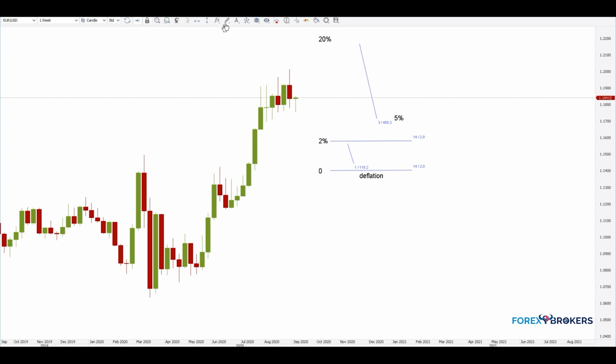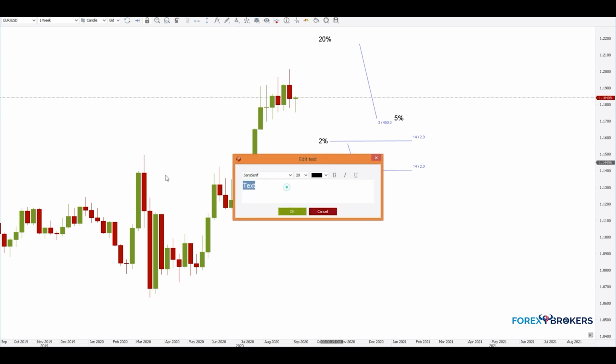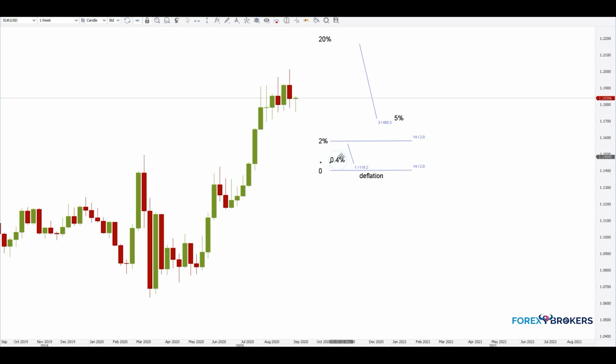So is the case with the ECB today, in the sense that the core inflation in the euro area is at a record low, 0.4%. Now 0.4% is far away from the ECB target of 2%. The ECB's price stability mandate calls for keeping inflation, or bringing inflation, below but close to 2%. 0.4 is far away from the 2% level.